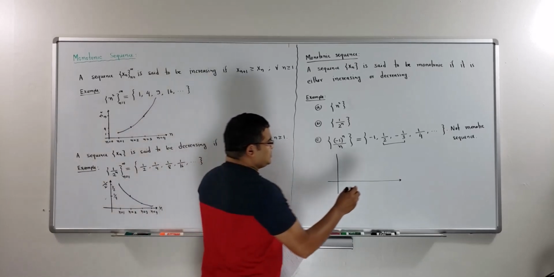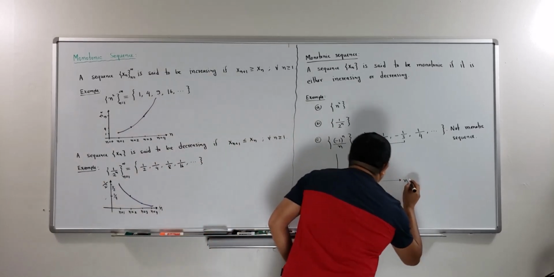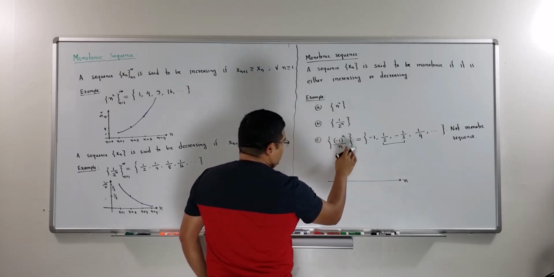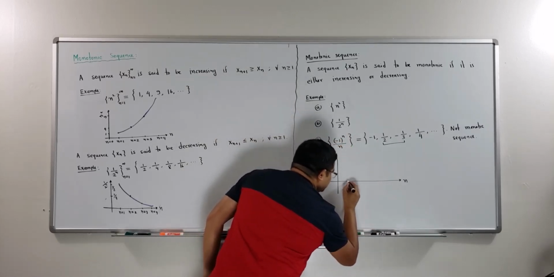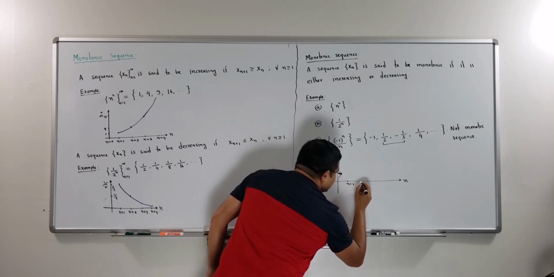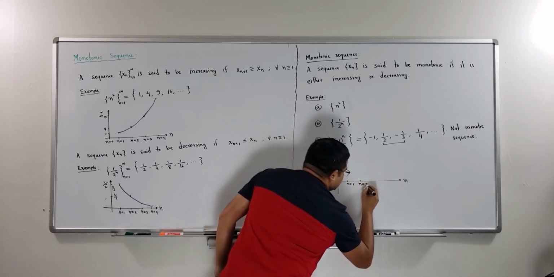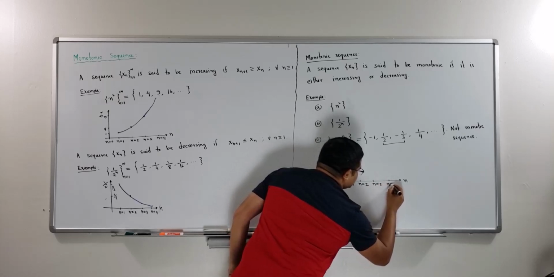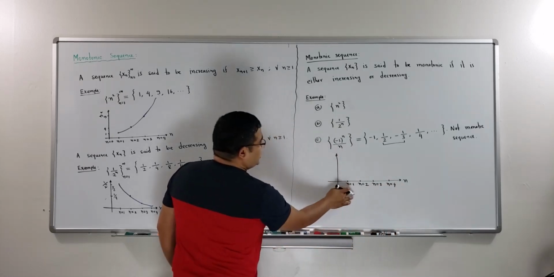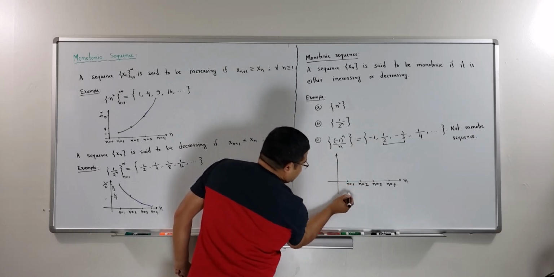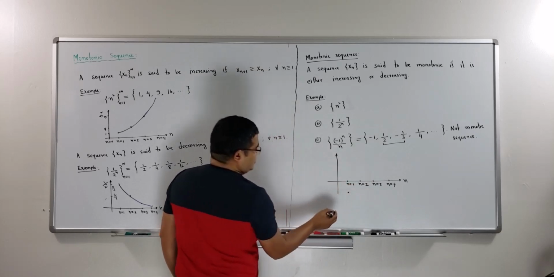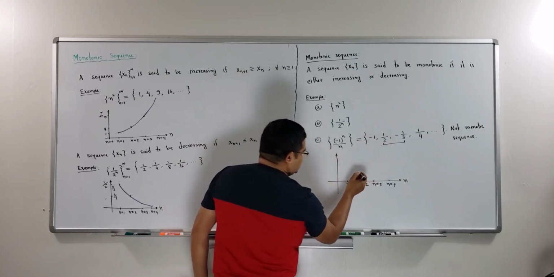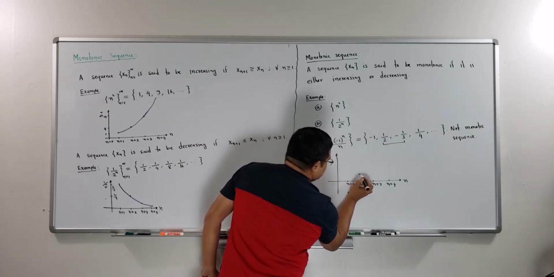If we draw the graph, this is n and this is negative 1 to the power n over n. When n is 1, this is negative 1. When n is 2, it is 1 over 2, so it is positive, and it's here.